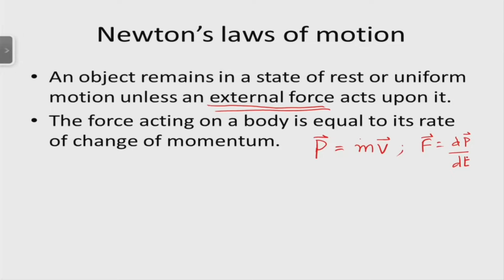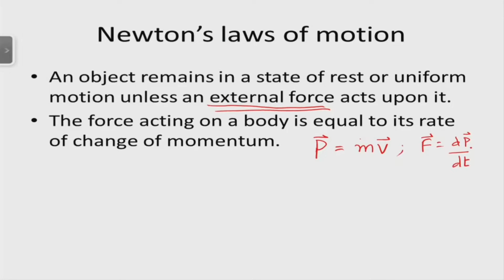This is our common notation of a derivative. So, the rate of change of momentum of a body is exactly equal to the force acting upon the body. This is a mathematical statement that captures the essence of Newton's second law.